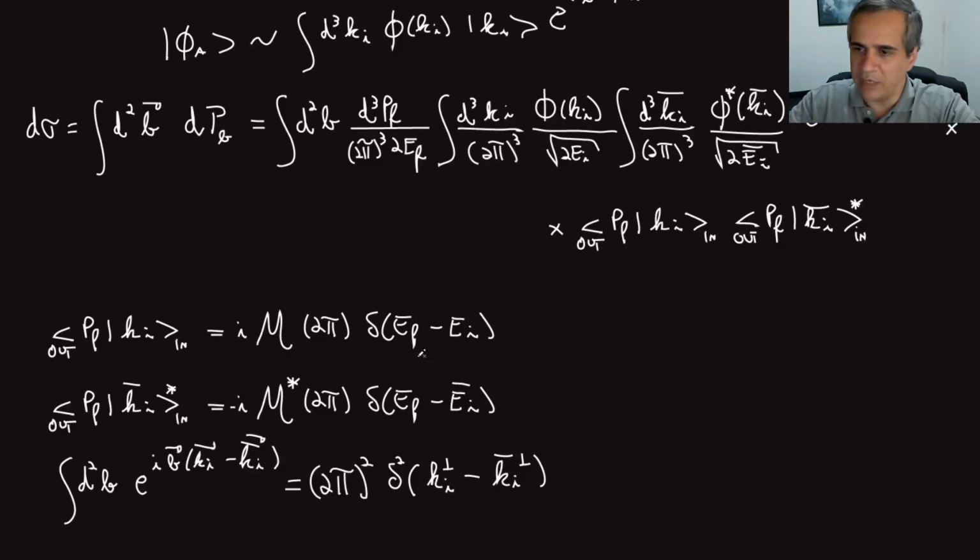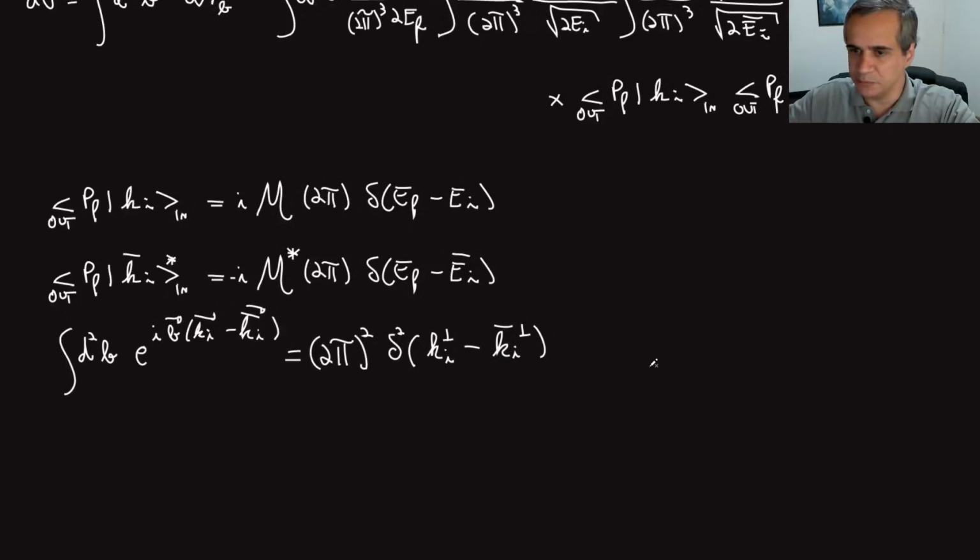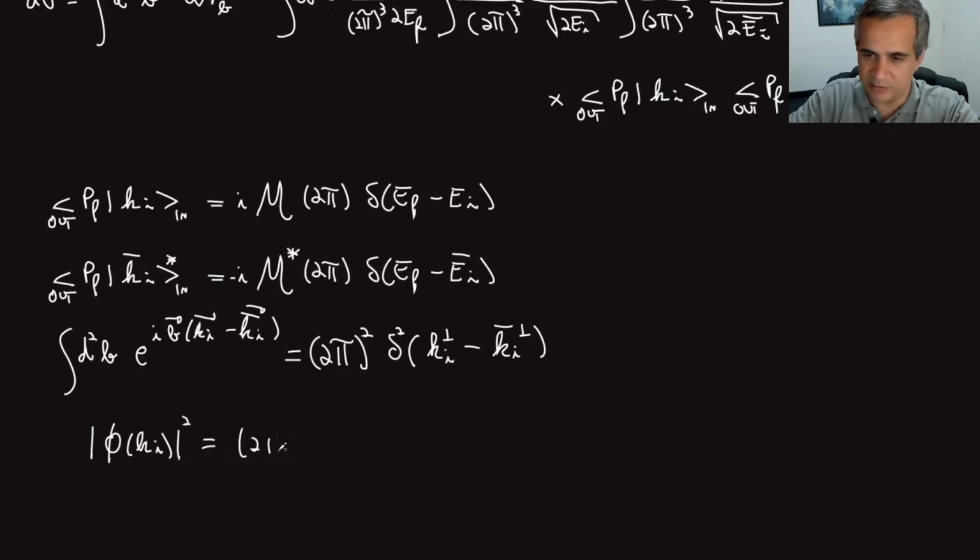Now I can combine all these deltas and start eliminating this bar variable. Eventually I can get rid of the bar variable and contract this phi with that phi to get a module of phi squared. And then there are more deltas because I can assume that this is narrow, and the best way to write a narrow wave packet is to just use a Dirac delta with the proper normalization for this initial momenta.